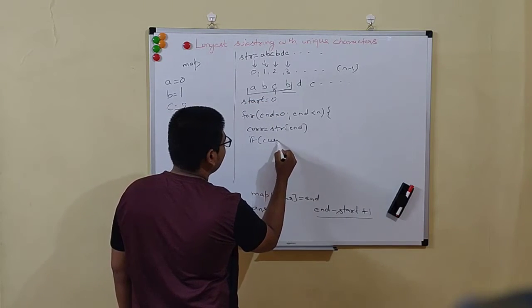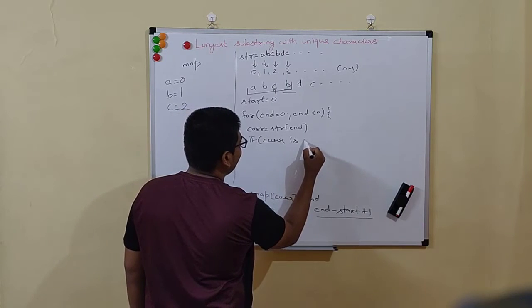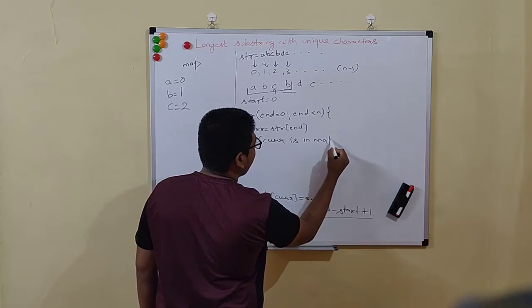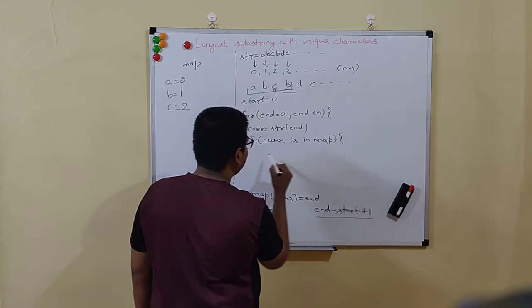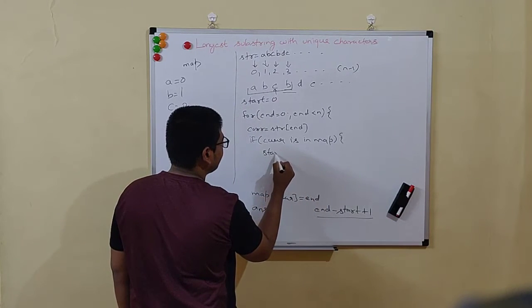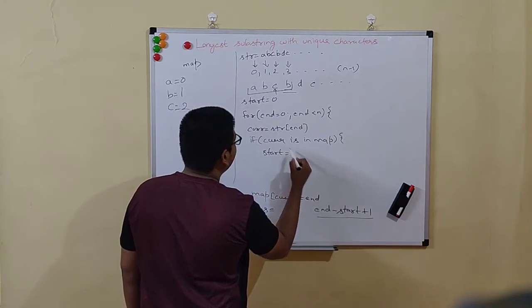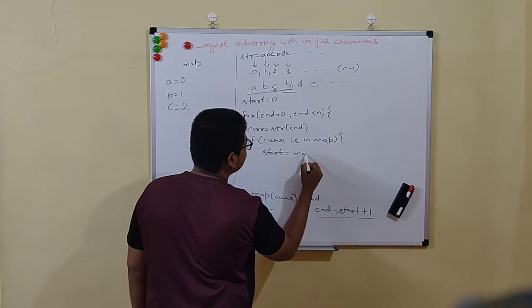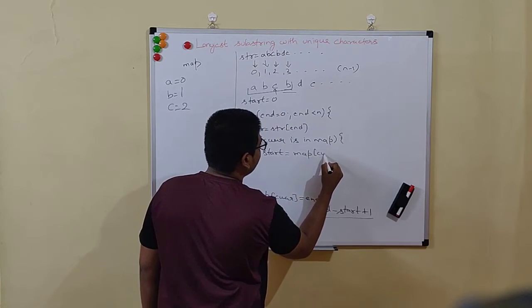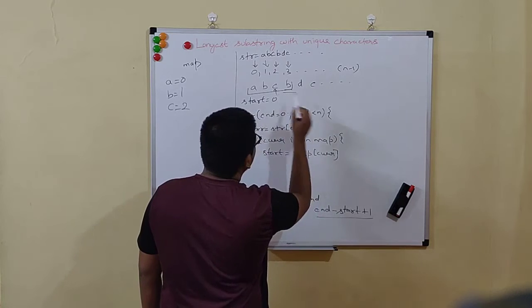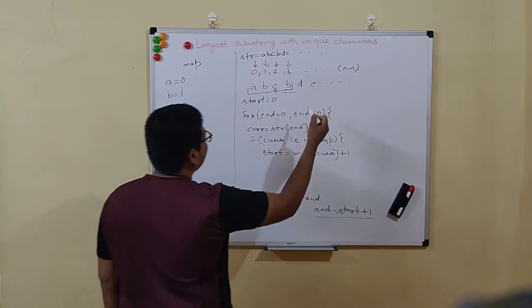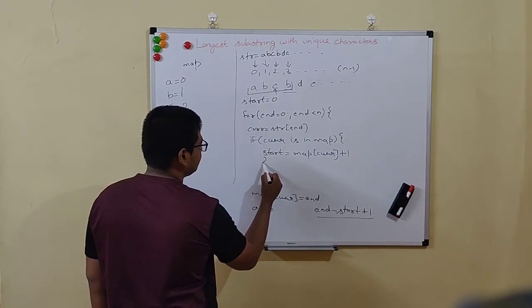If current is already present in map, then we have to update our start. It will be nothing but the last occurrence of B, that is map of current plus 1, that is right next to the last occurrence.